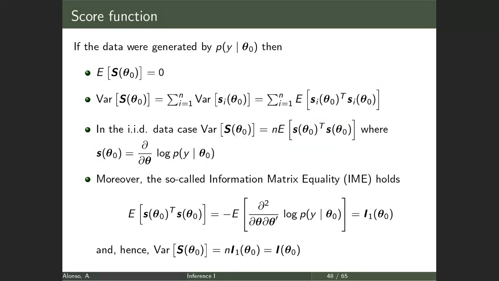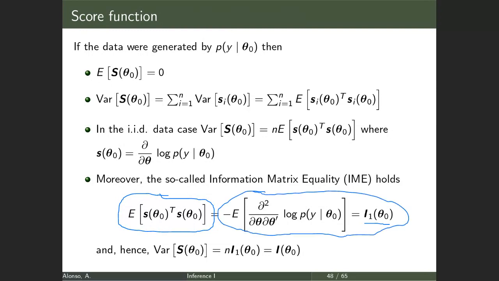And when the model is correctly specified, there is something called the so-called information matrix inequality, which essentially means that this expected value of the double product you have over here actually equals the Fisher expected information matrix of one observation. So it is equal to this term here.